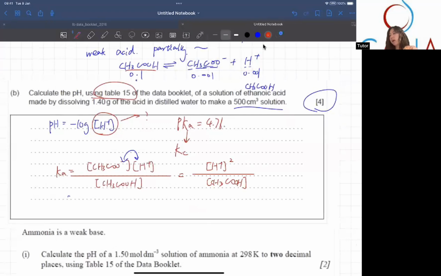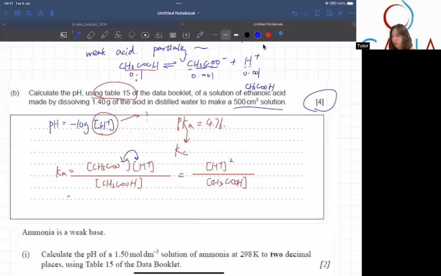Okay. Now you may be wondering, why am I bringing this whole thing up here? So now let's come back to the equation. We want to find the concentration of hydrogen in this case with the help of Ka. Now we have the expression of Ka, which involves our H+, that's what we want to find here.